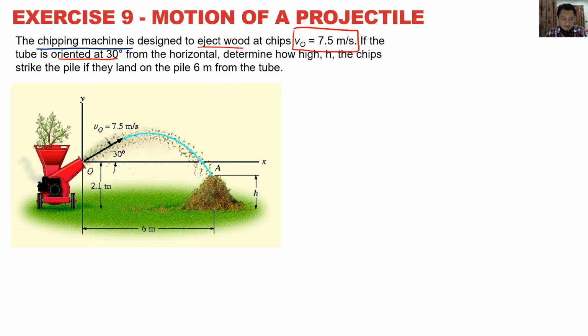Okay, so they fix this one, the 6 meter is fixed. This is your SX. They ask you to find this. This is the datum. They ask you to find SY. That is what it is trying to cater.